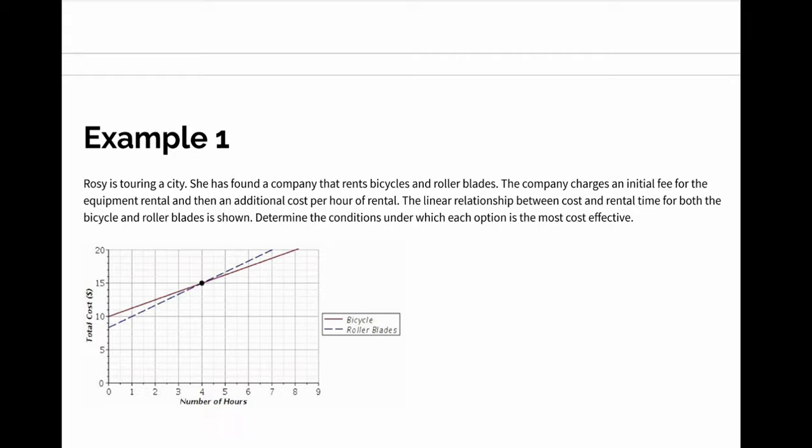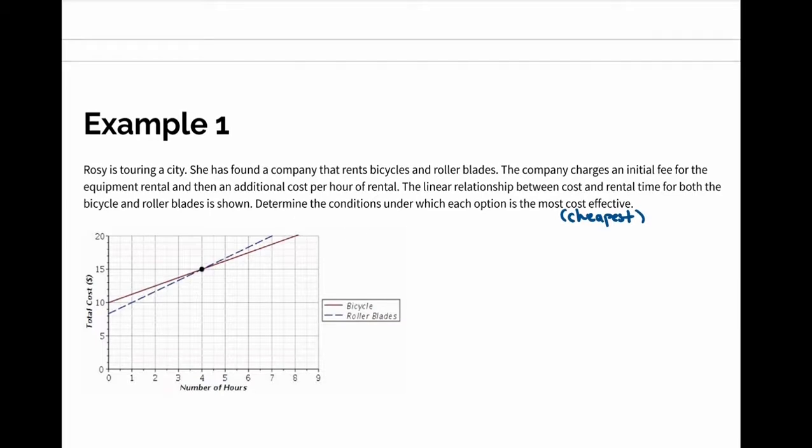Determine the conditions under which each option is the most cost effective, or basically cheapest. So we see the bicycle in red, or the solid line, and we see rollerblades in blue or dotted lines. We can see clearly on the graph it does give us this nice intersection point of 4:15.